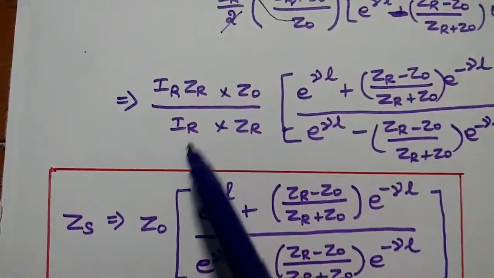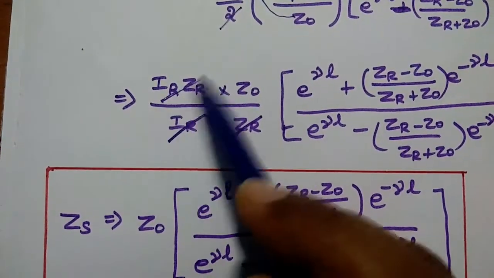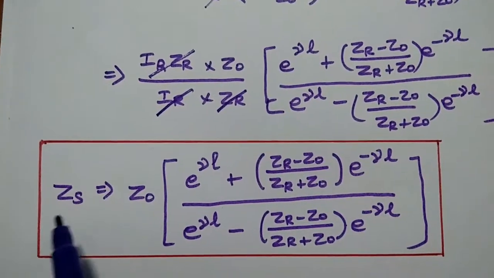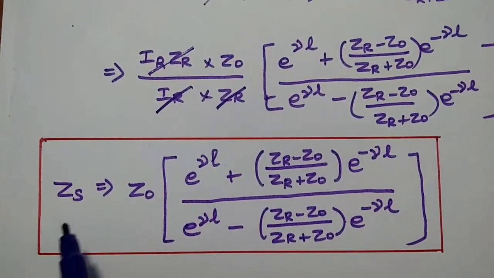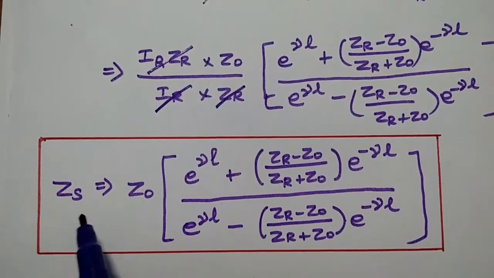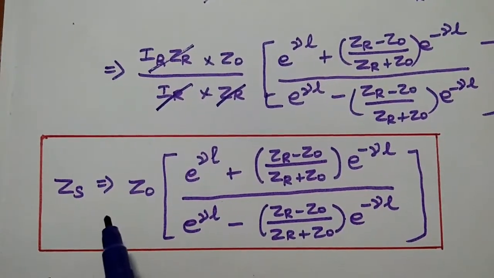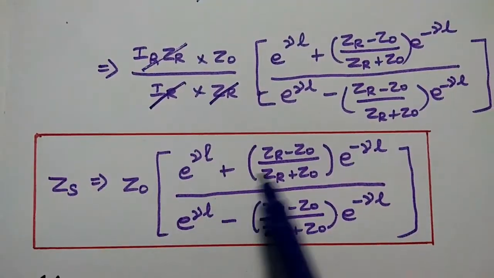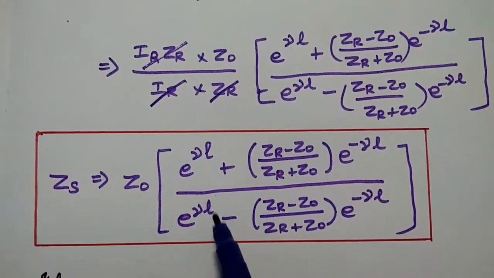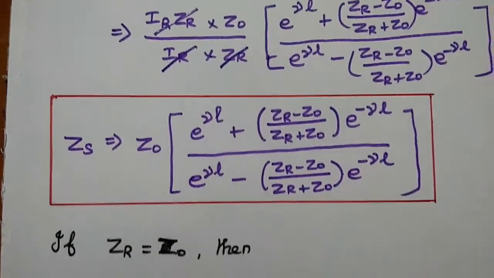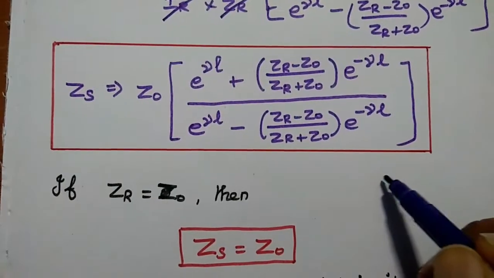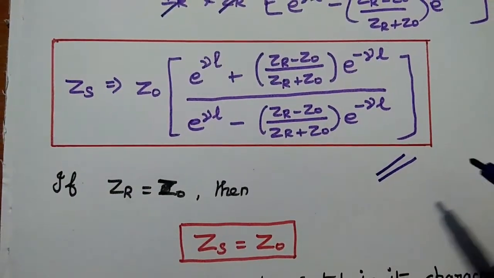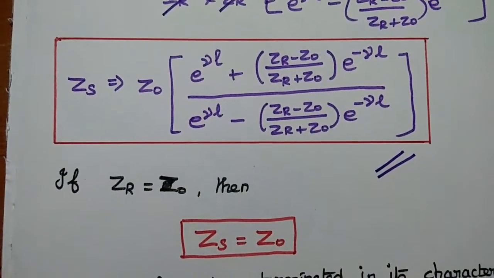So next step we can simply cancel these two. So then the source impedance or sending impedance or input impedance ZS is equal to Z0 into (e power gamma L plus this term) over (e power gamma L minus this term). Okay. So this is another form of input impedance of the transmission line.